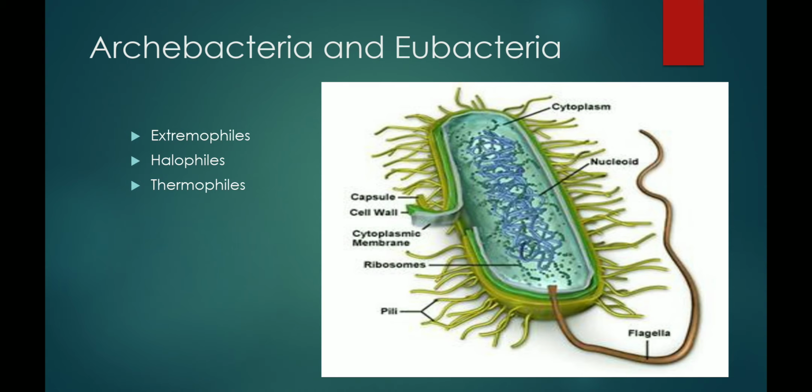On the basis of evolution, the bacteria can be classified as Archaebacteria and Eubacteria. Archaebacteria is also called false bacteria and Eubacteria is also called true bacteria. These are differentiated from other bacteria on the basis of their different cellular features.